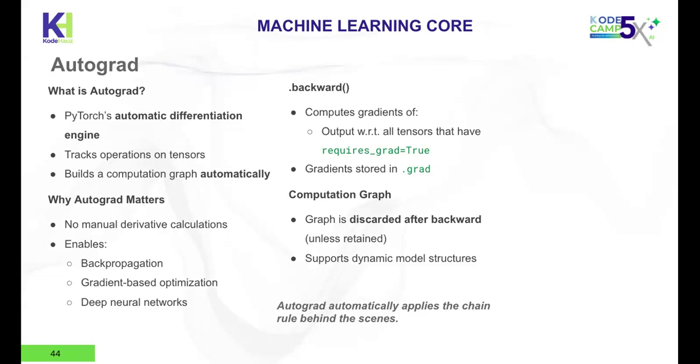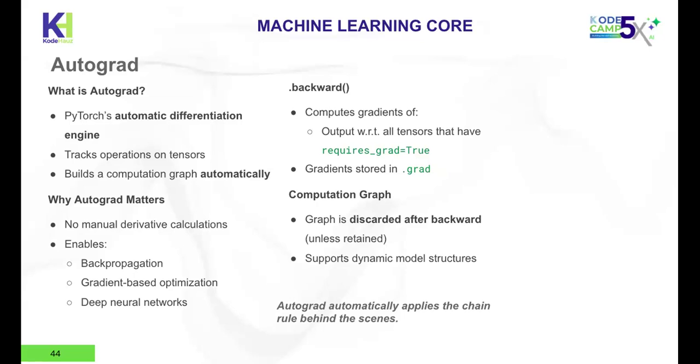And then that gradient is taken and cascaded backwards through activation functions and all of that using the chain rule. So this backward method is defined in the criterion class that carries the loss. Okay. So this backward method will calculate and compute the gradients of the output with respect to all the tensors, right? When you define that the tensor requires gradient.